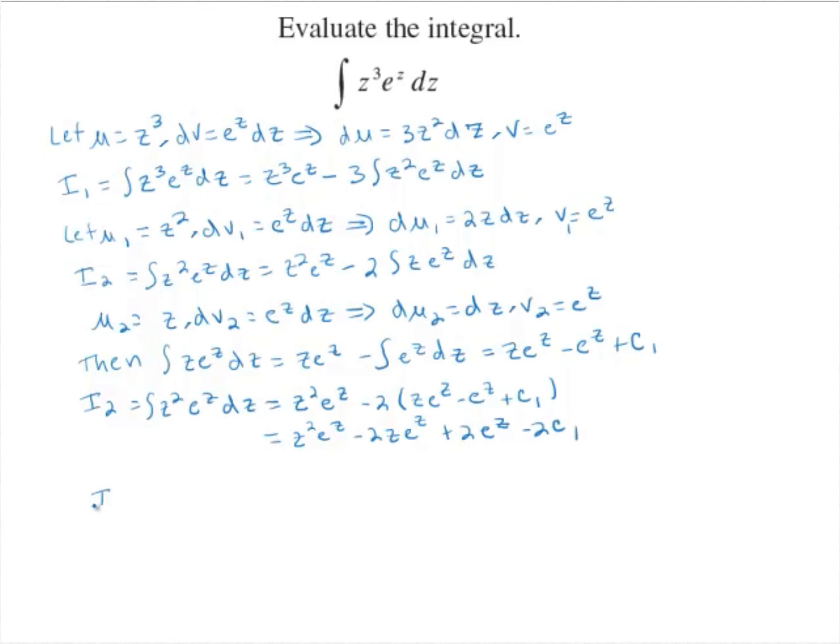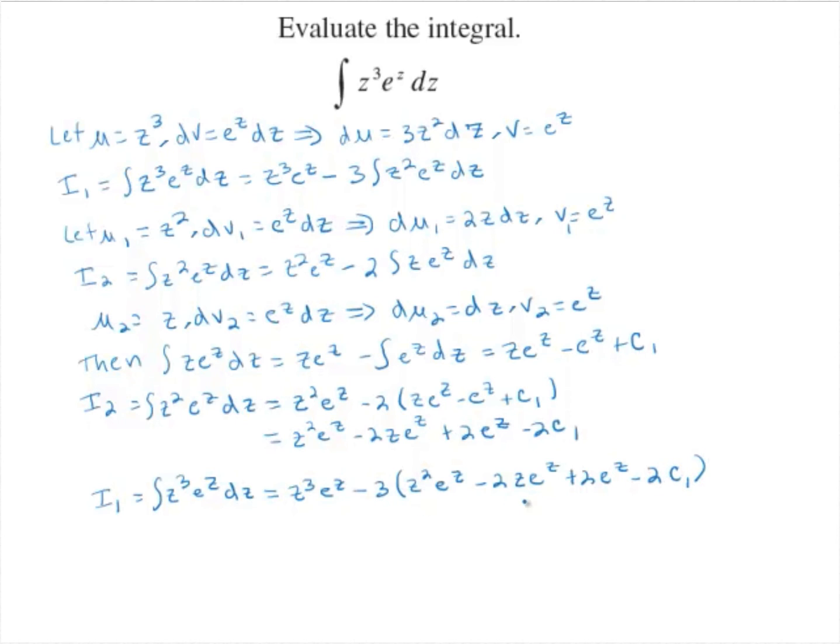So now we have I sub 1, which equals the integral of z cubed e to the z dz, is going to equal z cubed e to the z minus 3 times z squared e to the z minus 2z e to the z plus 2e to the z minus 2c sub 1.